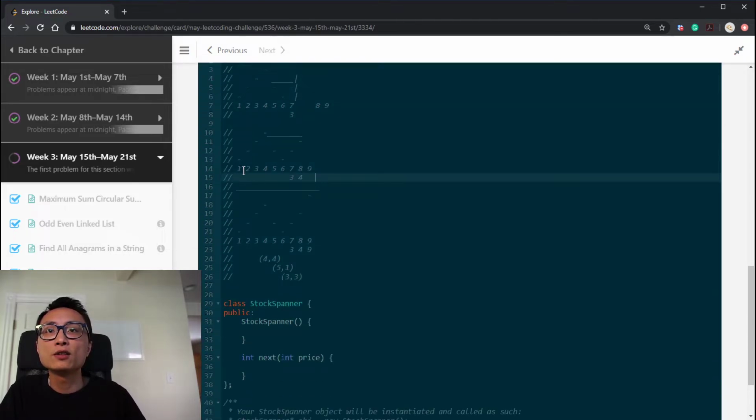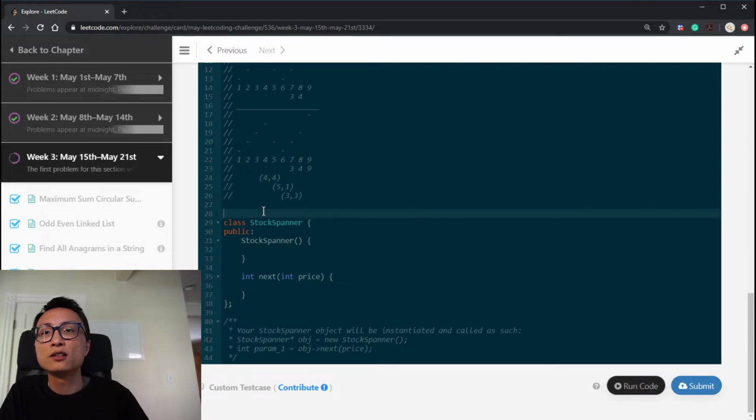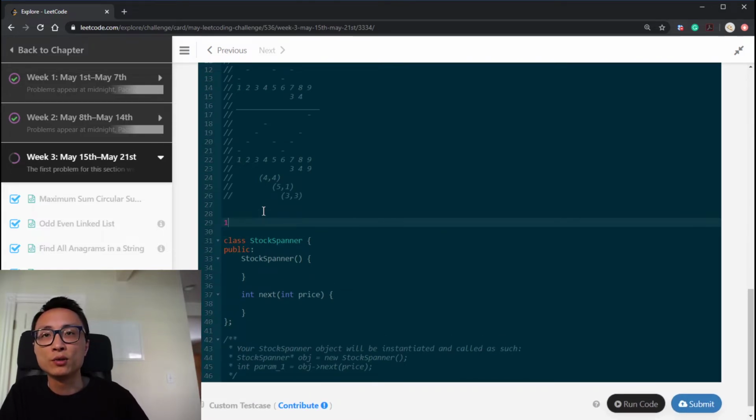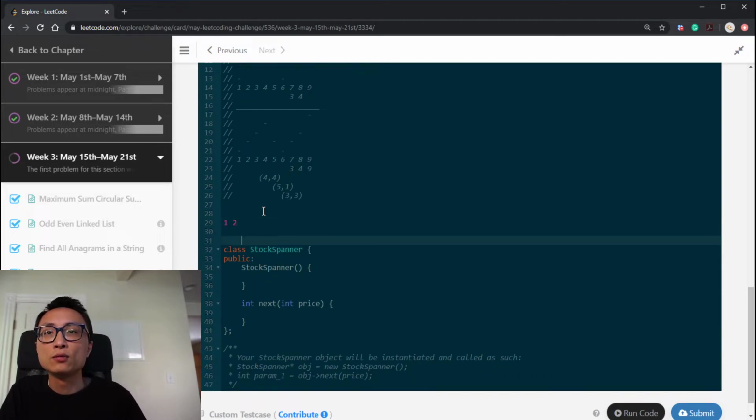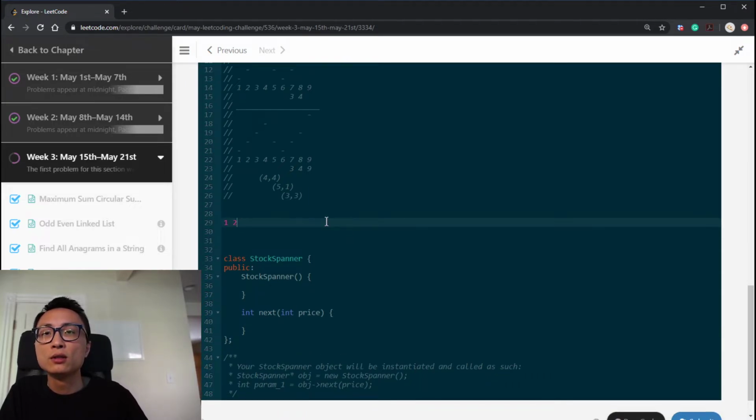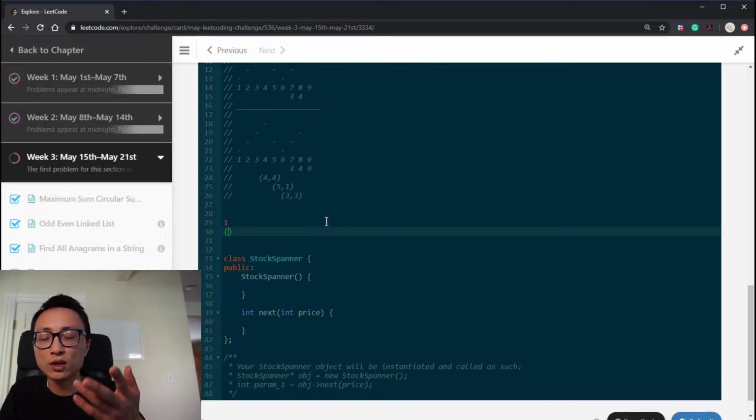To maintain this compression, we can use a stack. Whenever we see something larger than the prior day, we can compress the 2 days into one thing. Just as an example, we have day 1 with price 1 and day 2 with price 2. Initially, when we just have day 1, instead of only putting the single price there, we put 1 and 1.